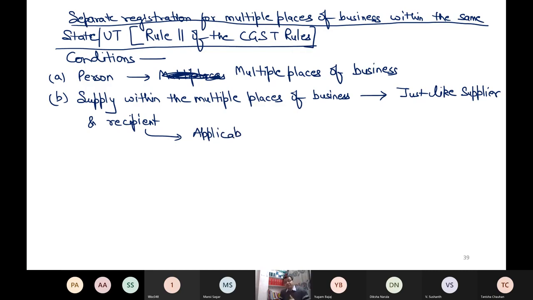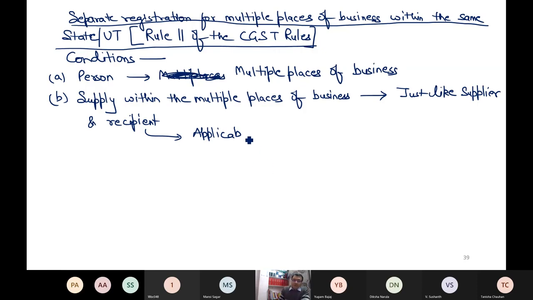Though same person, branches are different, so technically all these branches belong to me. But when I want separate registration, each branch is treated as separate. So if one branch supplies something to another branch, the supplier branch has to collect normal GST. You cannot say these are my branches, why should I pay GST? No, the government says if you need separate registration, pay GST.